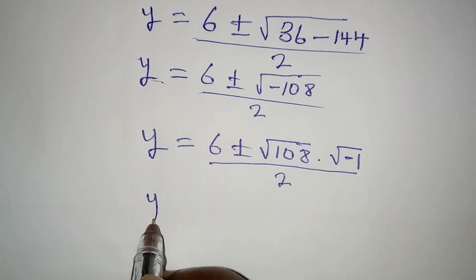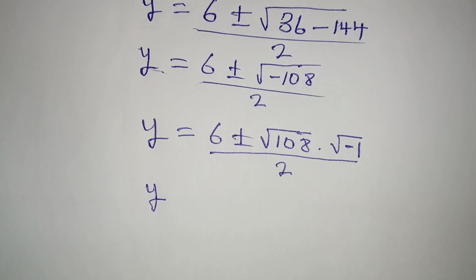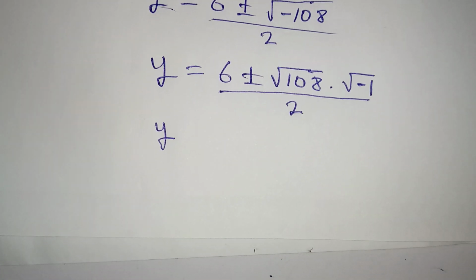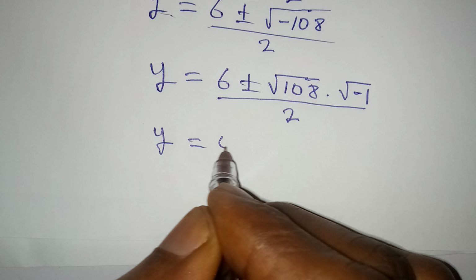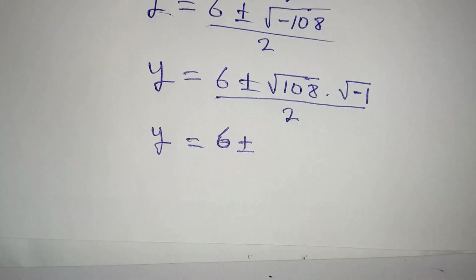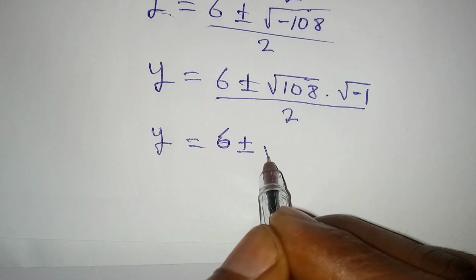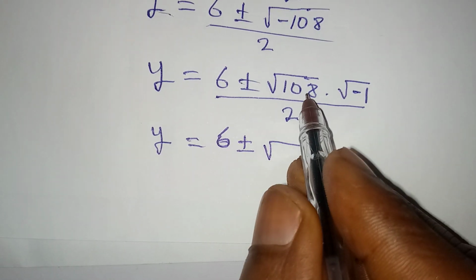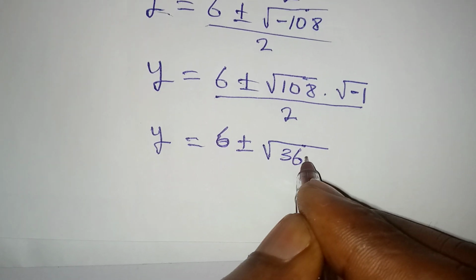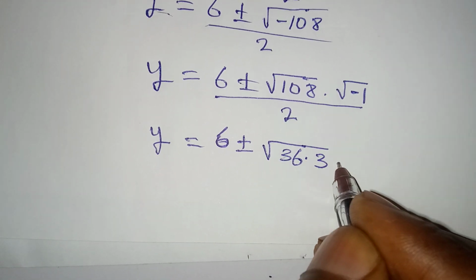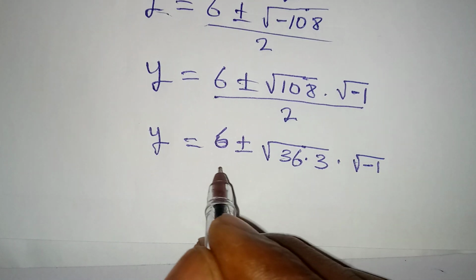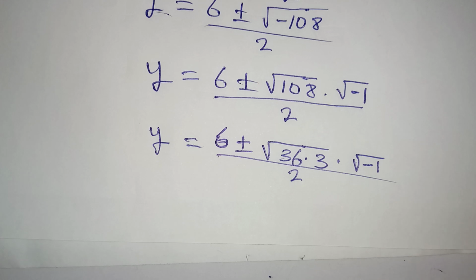So from here, y will be equal to 6 plus or minus, we have the square root of 108, which here is the same thing as 36 multiplied by 3, then multiplied by the square root of -1, and the whole of this is over 2.